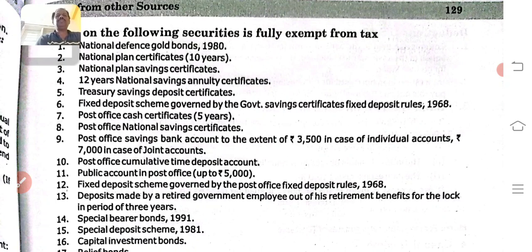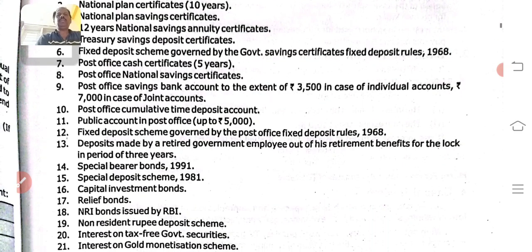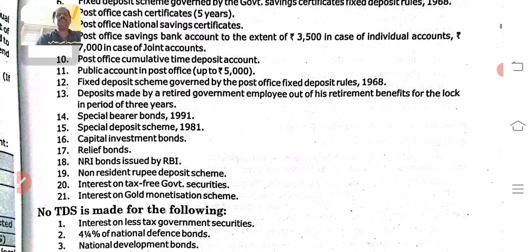Post Office Cumulative Time Deposit account, even public account in Post Office up to 5,000. Fixed deposit schemes governed by the Post Office Fixed Deposit Rules 1968. Deposits made by a retired government employee out of his retirement benefits for the lock-in period of 3 years.